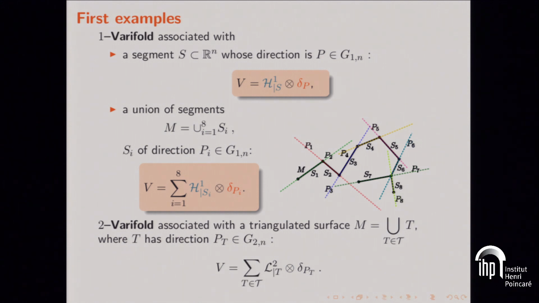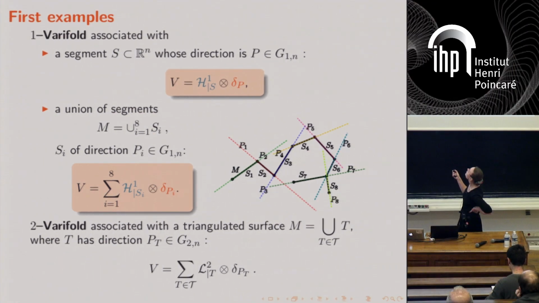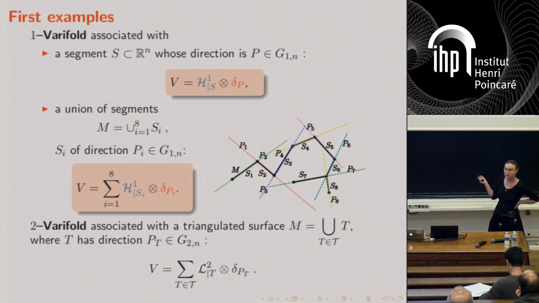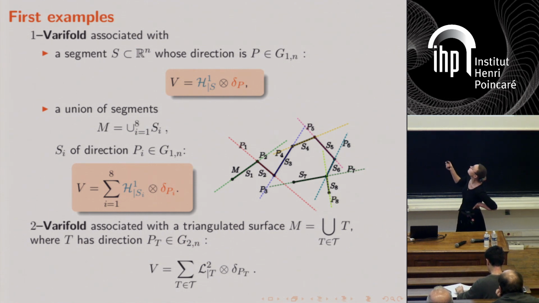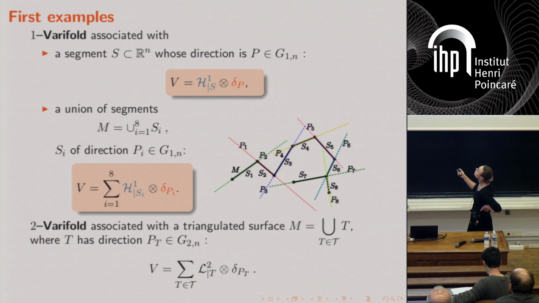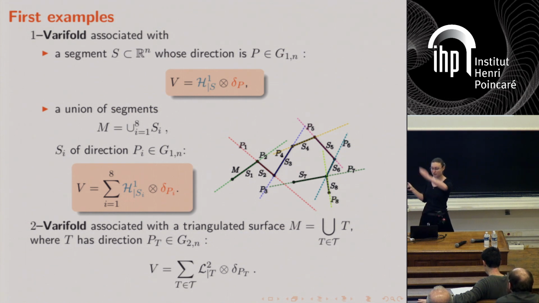So now, I had a first example of a varifold at the very beginning. Now take also one example, and now I'm going to take the point of view of measures. You can either define a linear form on continuous functions, on your test function, or take a measure on Rn times the Grassmannian. If you take only one line in the plane or in Rn, then you can take here just the integration measure on your line, or a segment, and on the Grassmannian part, you say I have an object that has, as always, the same tangent.